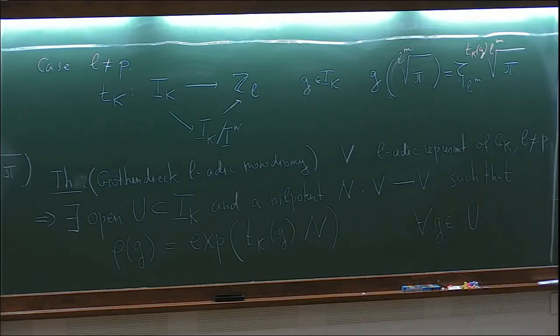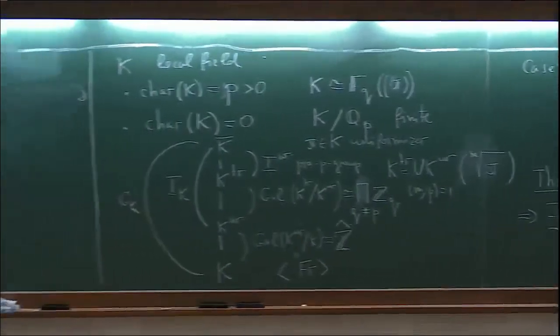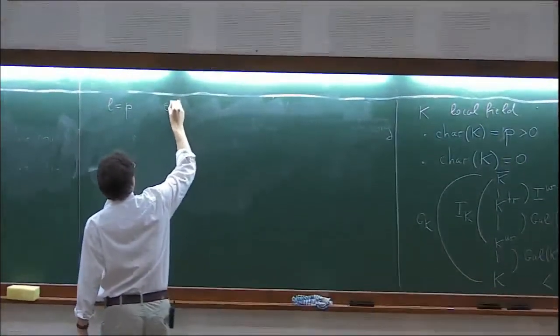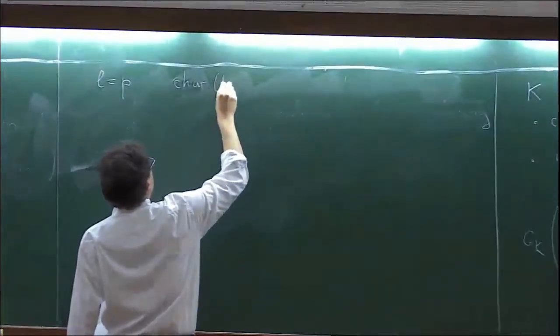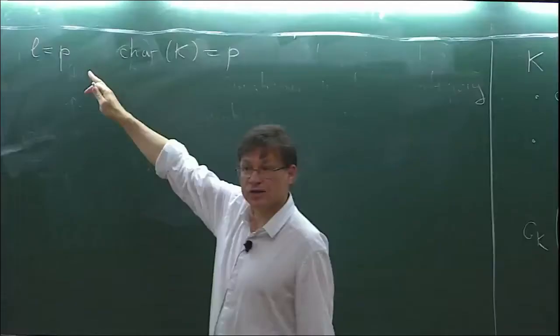Okay, now let's assume that L is equal to P. And first consider the case of fields of characteristic P. So here it is not so important to assume that K is a local field.